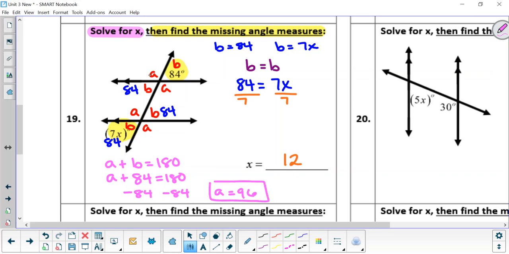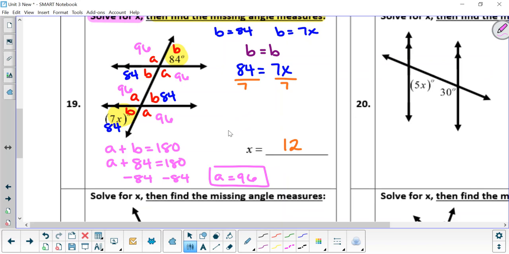Again, use Desmos, use your calculators. So anywhere there's a letter A, I can write 96. So now I have found all of my angle measures as well as x. So again, I'm going to leave 20 for you to do and check on Schoology.